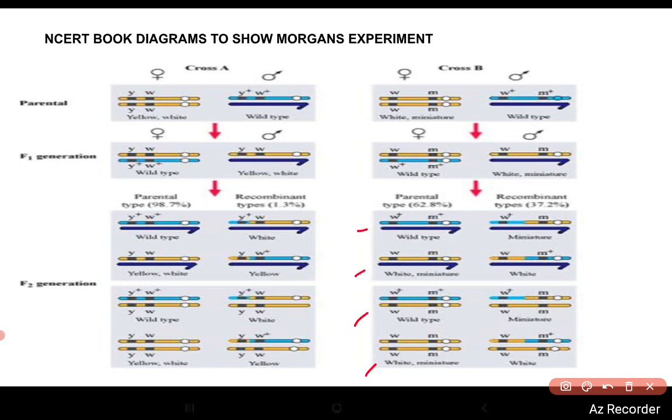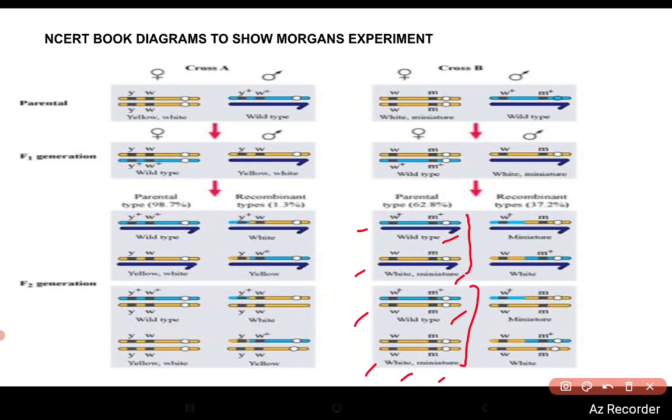Here 2 males with parental characters, one is wild type and the other is white eyes with miniature wings, and females with wild type characters, that is the dominant characters, with red colored eye and normal wings. The other female is white colored eye with miniature wings.